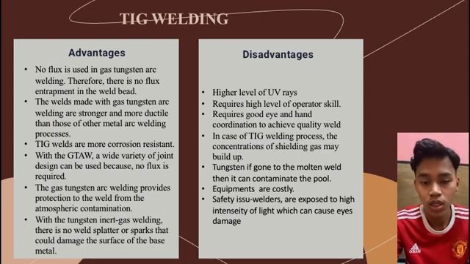Number 6, in the case of the TIG welding process, the concentration of shielding gas may break up. Also, if tungsten gets into the molten weld, it can contaminate the pool. Number 7, the equipment is costly. Number 8, safety issue, as operators are exposed to high intensity light which can cause eye damage.